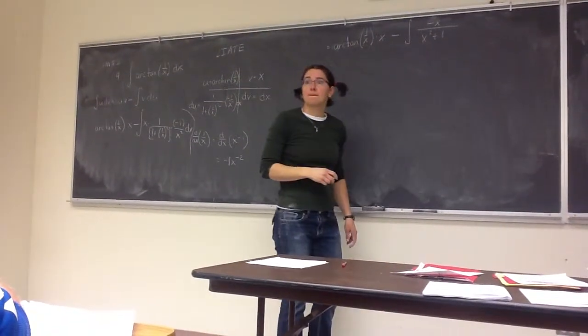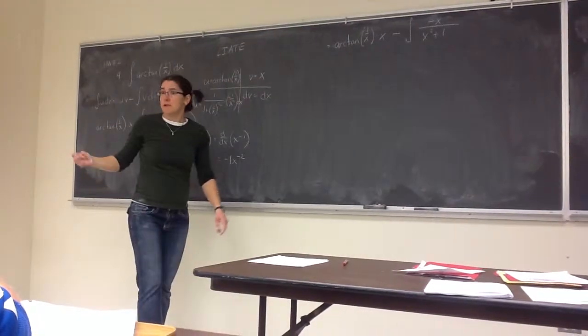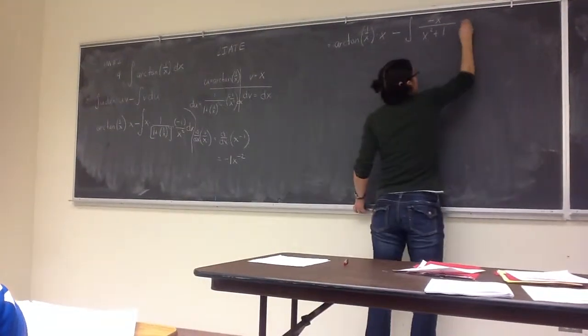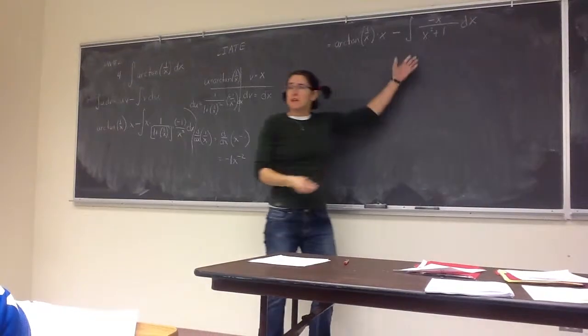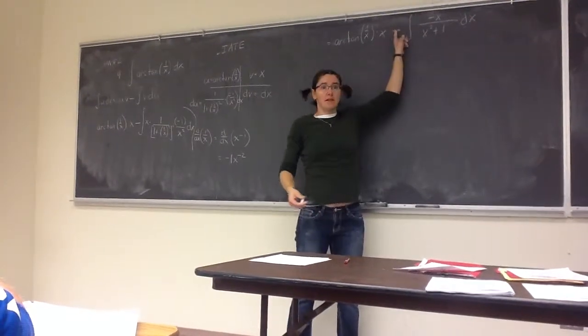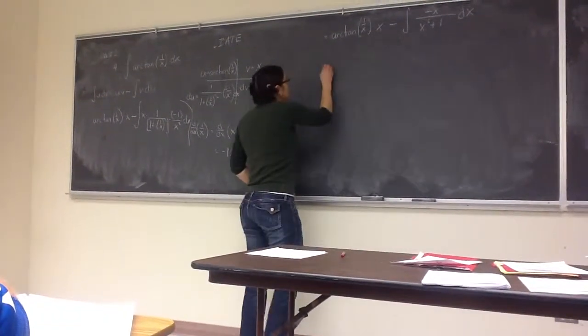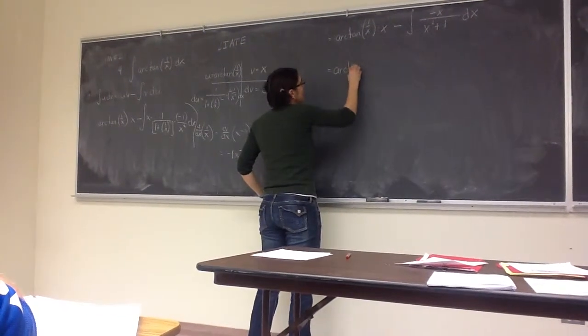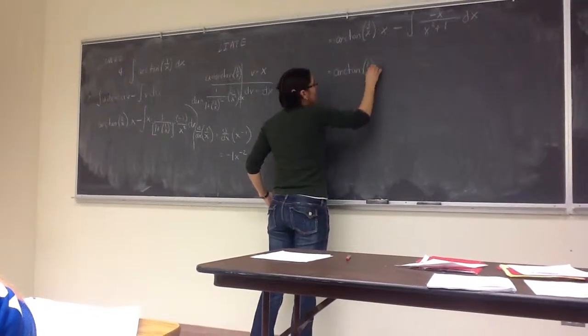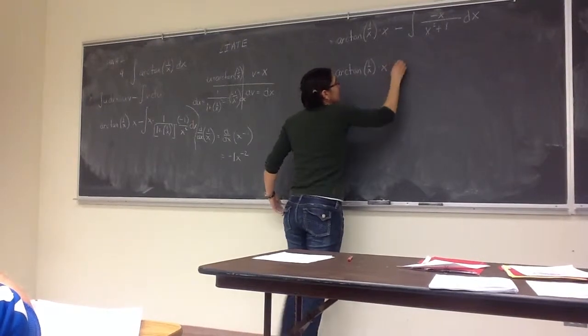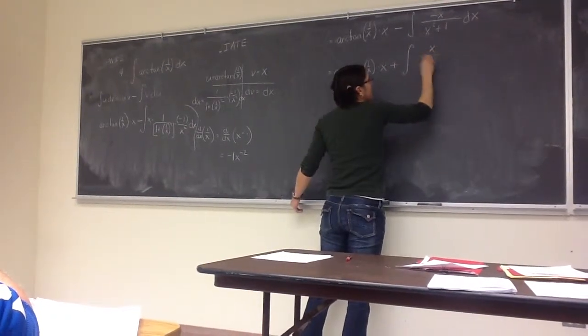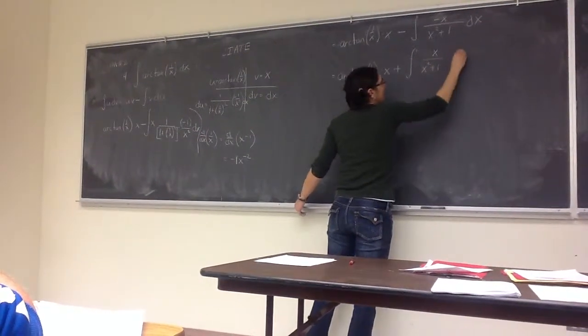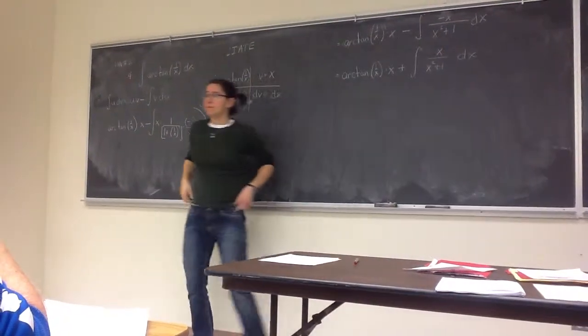Can't you just throw your negative in front of the integral too? Yeah, absolutely. And that negative sign up on the top there, and I also have a dx in the end. So I've cleaned this up a little bit, and that negative sign, I can even bring that out in the front. And so I end up with arctangent of 1 over x times x plus the integral of x over x squared plus 1 dx.